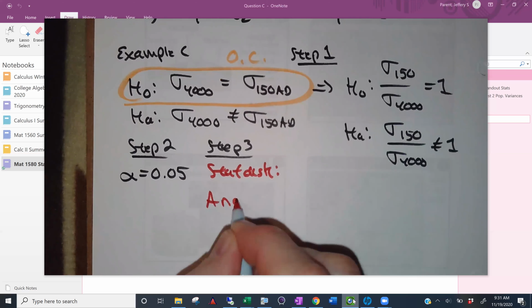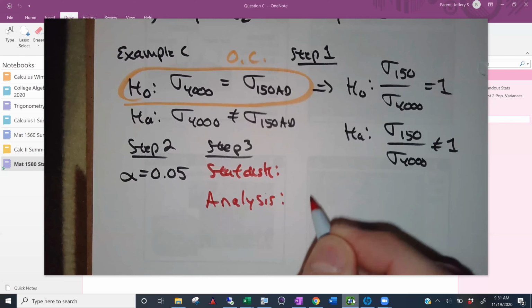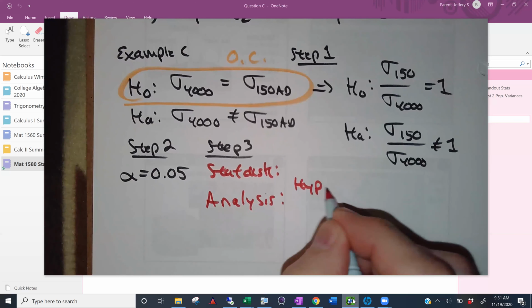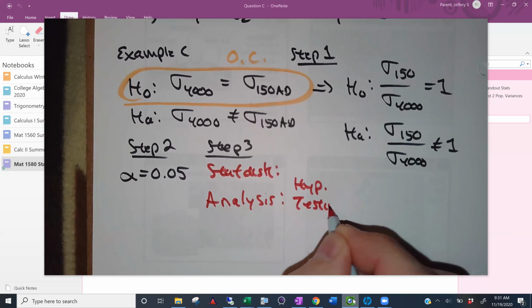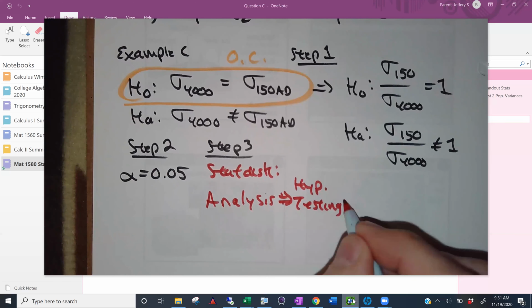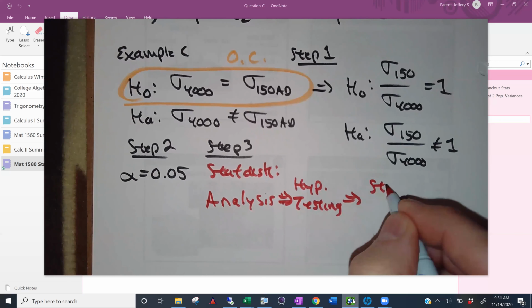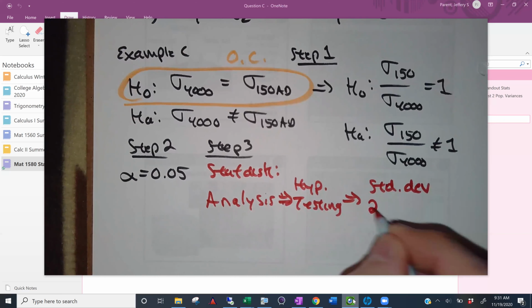You're going to go to the analysis, and then from there, hypothesis testing. And then from there, should be kind of obvious if you're looking at the menu, standard deviation, 2 samples.